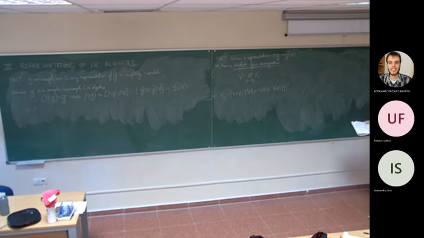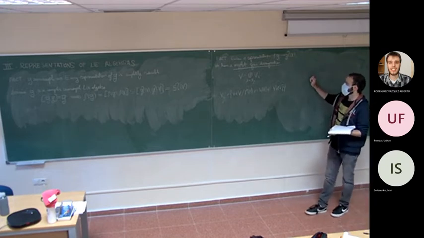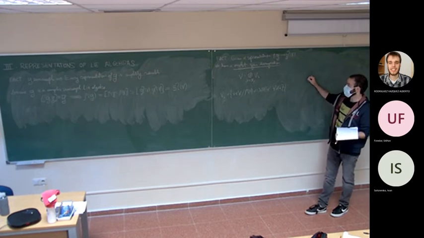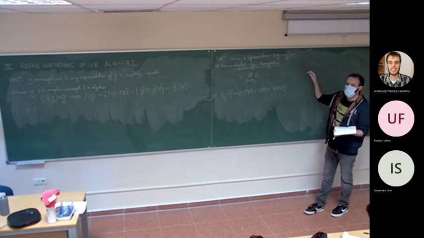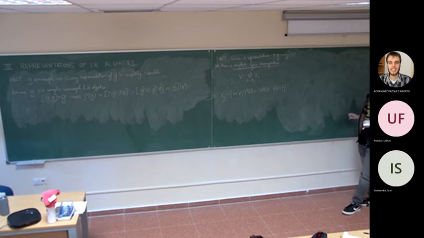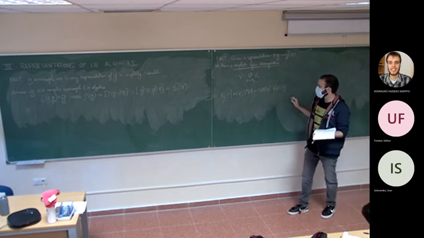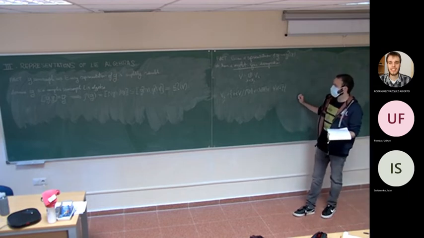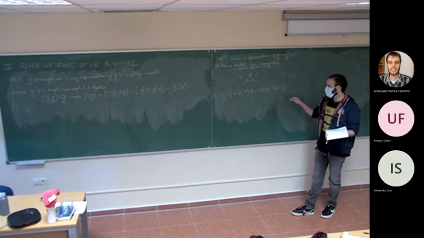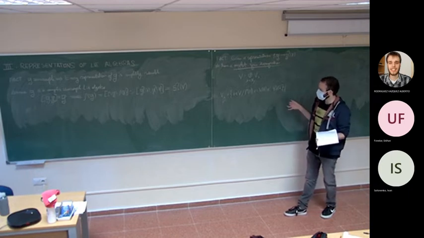Okay, so what I wanted to say is that if we have a representation of a complex semisimple Lie algebra over a vector space V, then as we did with the adjoint representation, we can think of the common eigenspaces of the representation, which are defined as this V lambda, given any linear form lambda.